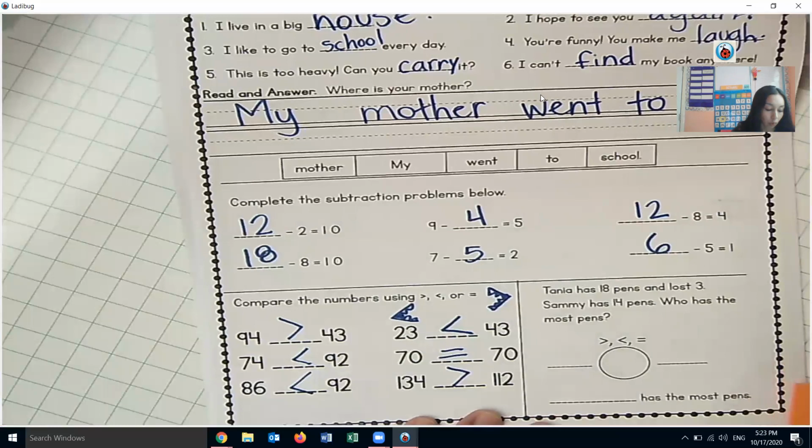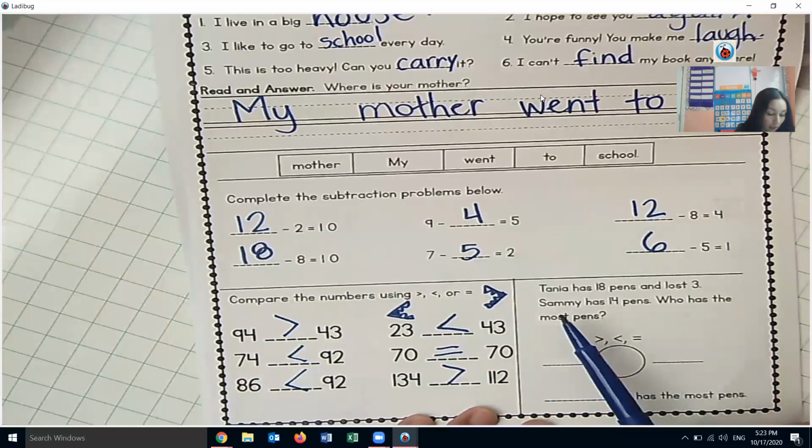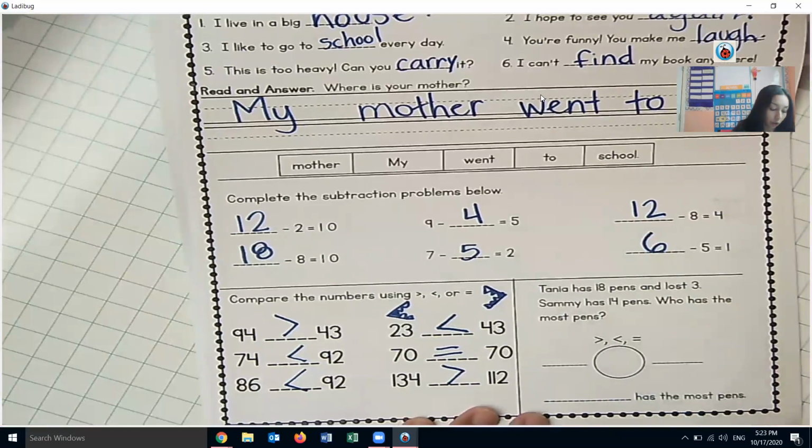Okay. And our last word problem we have here, Tanya has 18 pens and lost 3. Sammy has 14 pens. Who has the most pens? Ooh, this is a 2-step word problem. So first we need to find out how many pens Tanya has. So she had 18, she lost 3.